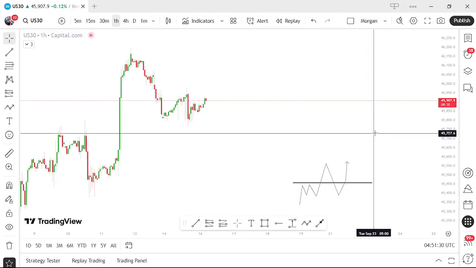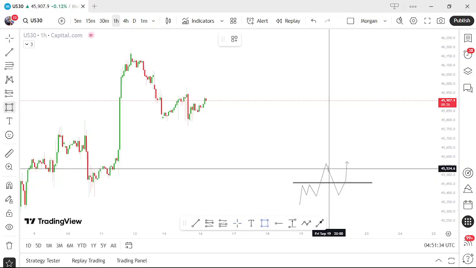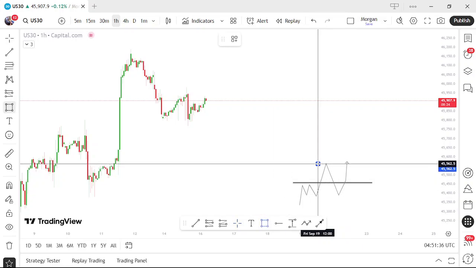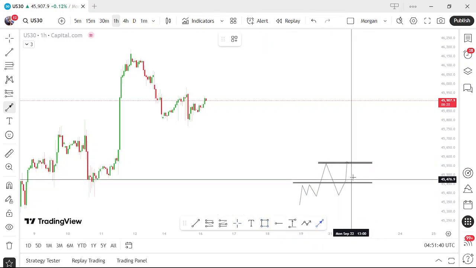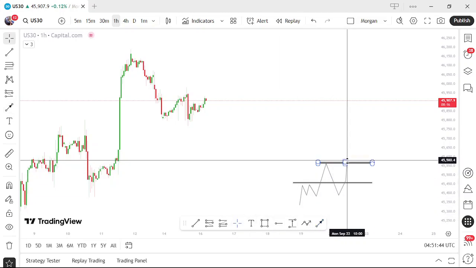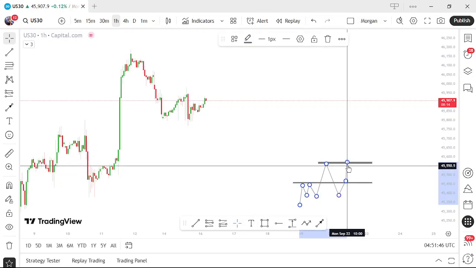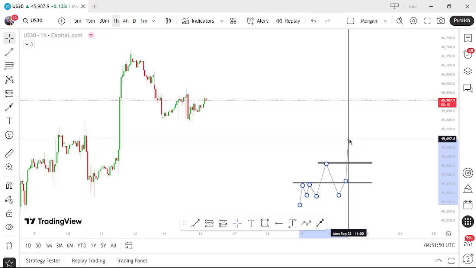This opening right here is an uptrend, and if price breaks above this high, then that becomes a new indication, right?